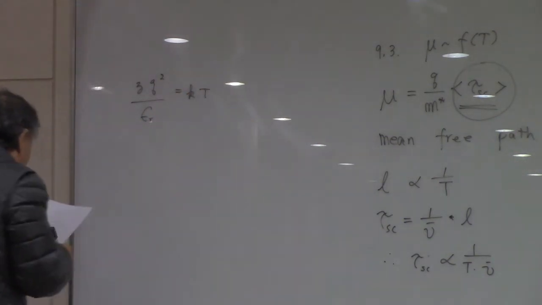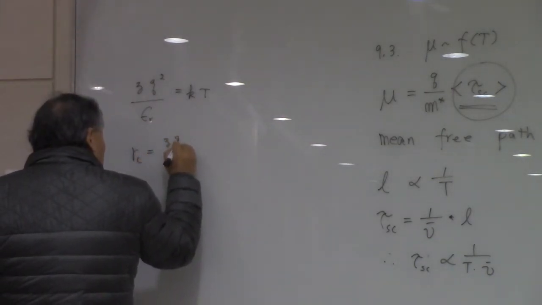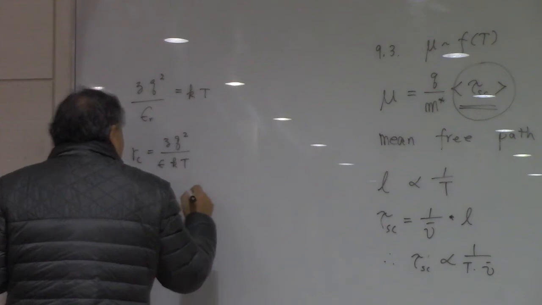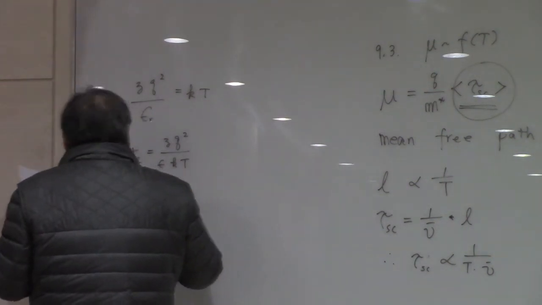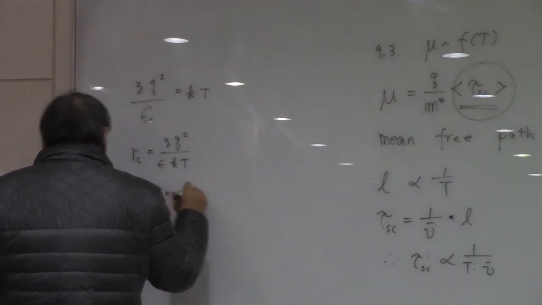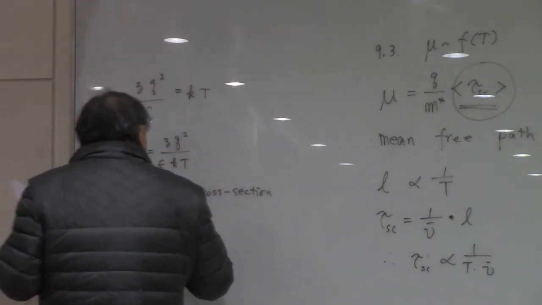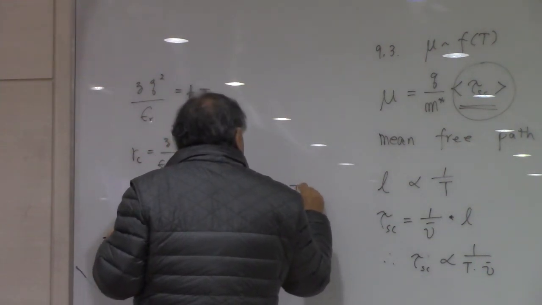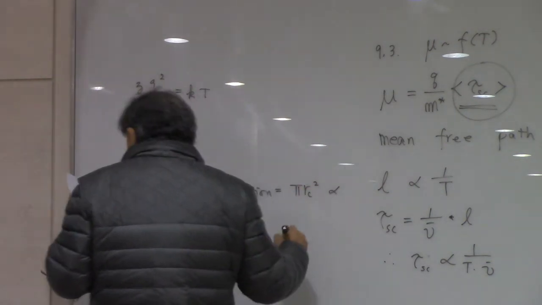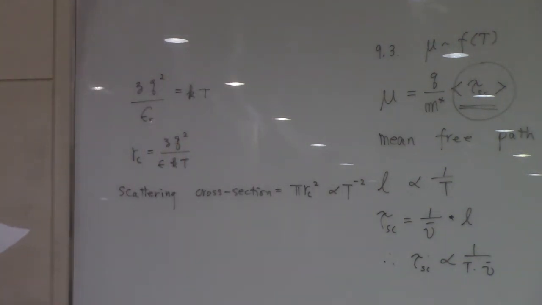That is the Coulombic energy. And then R sub C is z q square over dielectric constant kT. And then the scattering cross section is equal to pi r sub c square, and then this is going to be related to T to the minus 2, okay, with this equation.